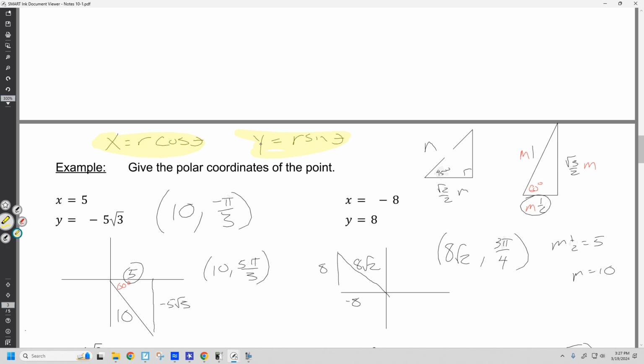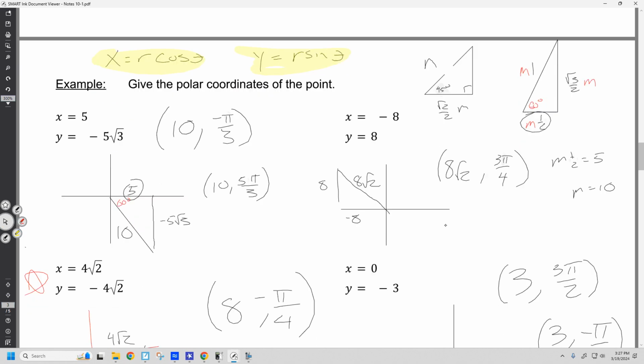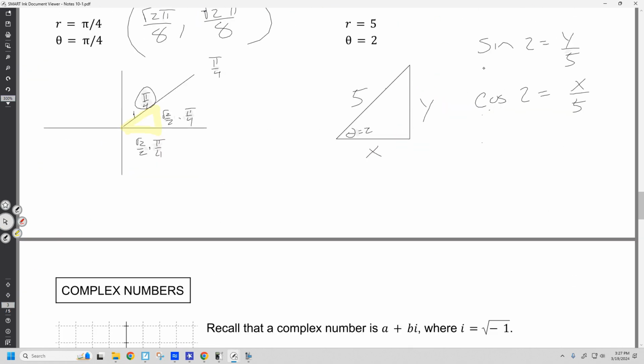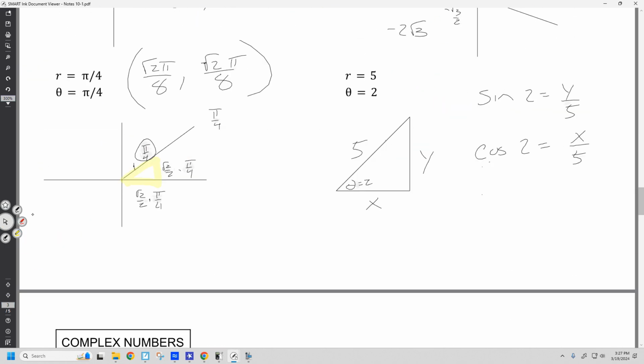You found the ratio for your y's and you scaled it. It was done with triangles intuitively, but really what you were doing was r cosine theta and r sine theta, solving for x and y.